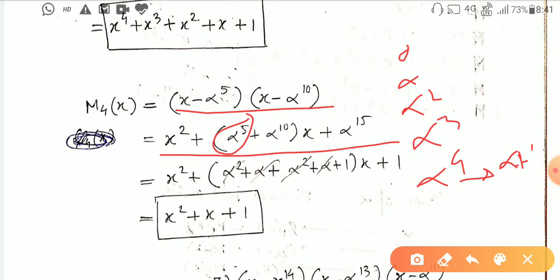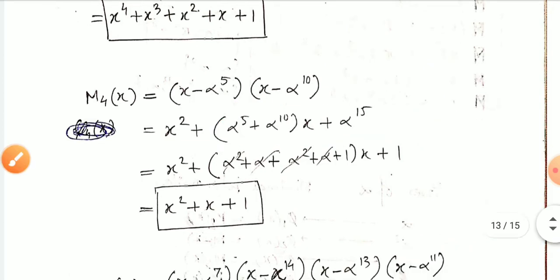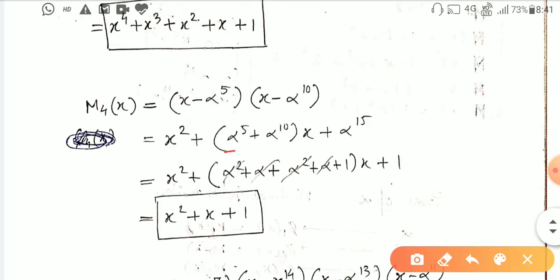From that table, alpha 5 is given as alpha square plus alpha, and alpha to the power of 10 is given as alpha square plus alpha plus 1. You put those two values as a replacement of alpha 5 and alpha to the power of 10.